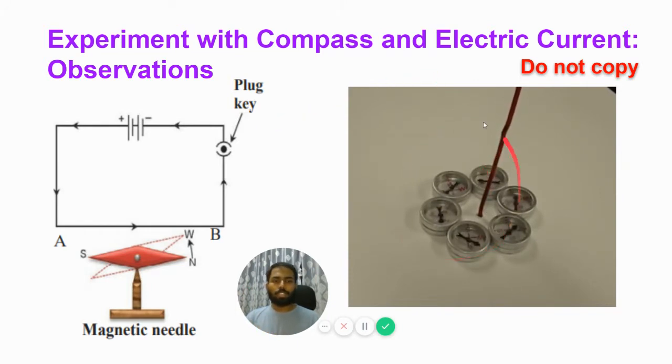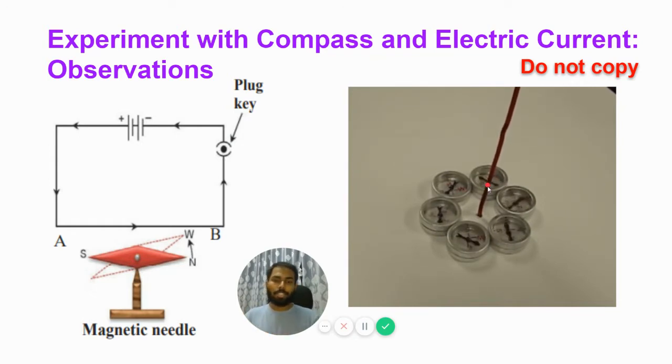Okay, यहाँ पे पूरा का पूरा circuit नहीं दिख रहा है, but there is a circuit connected. You are only seeing this particular part. You're only seeing a small part of the conducting wire. Okay, so once the current starts flowing through the conducting wire, the compasses start changing. Okay, compasses का direction change होने लगता है. The compass starts reacting to the current.